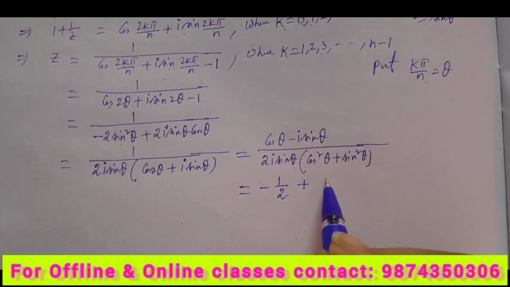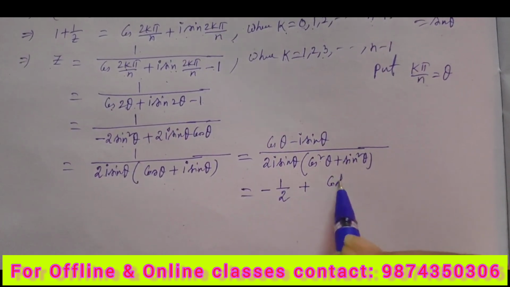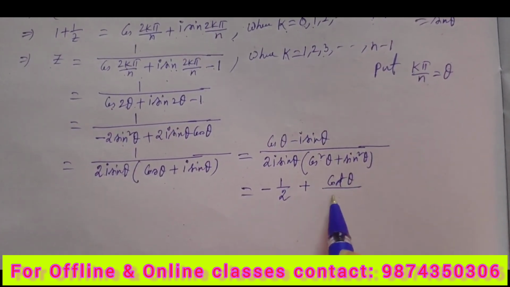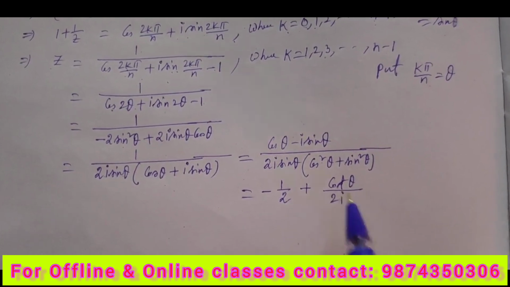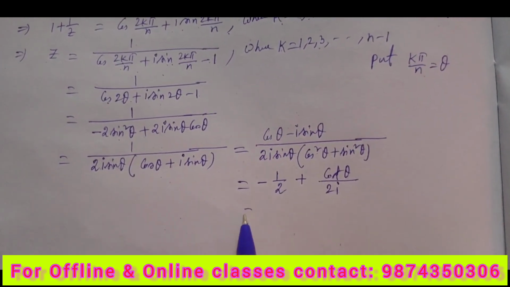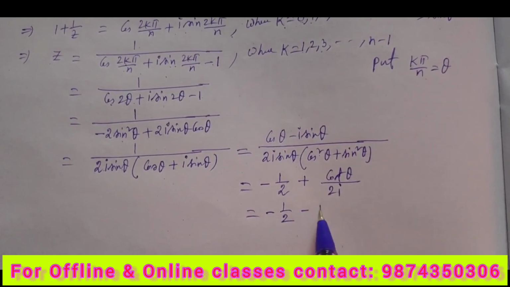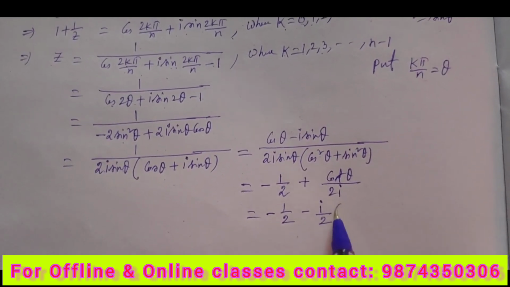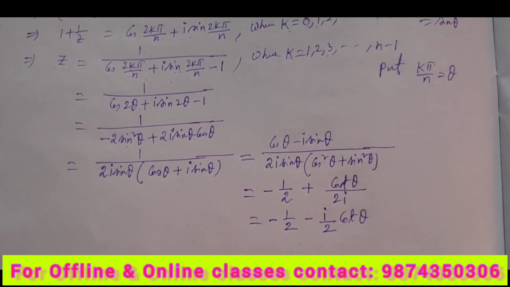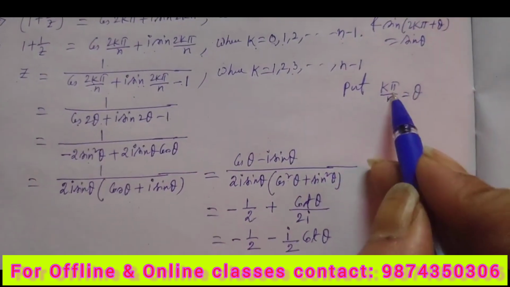Now we divide: i sin theta divided by 2i sin theta is minus half, plus cot theta divided by 2i. 1 by i means minus i. So minus half minus i by 2 cot theta, where theta is kπ by n.